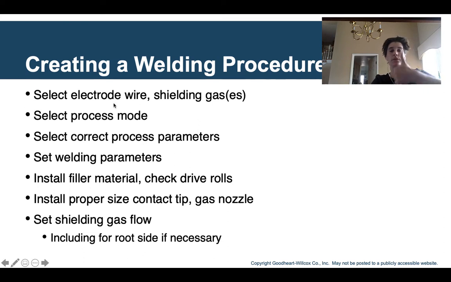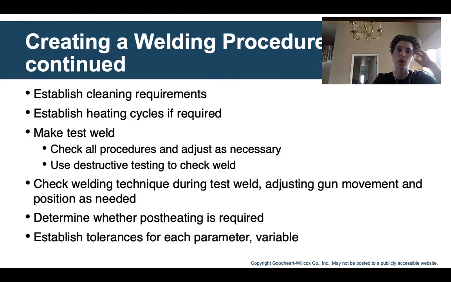You're going to be told about your electrode wire, what gases to use, the deposition mode you need to use, the parameters, what your voltage is, what your wire feed speed is, and you have to set up your machine for all of that. You have to install the correct filler metal and make sure you have your drive rolls set up well. You can even be told the diameter of your gas nozzle and the shielding gas flow. All these different things are designated in the welding procedure.